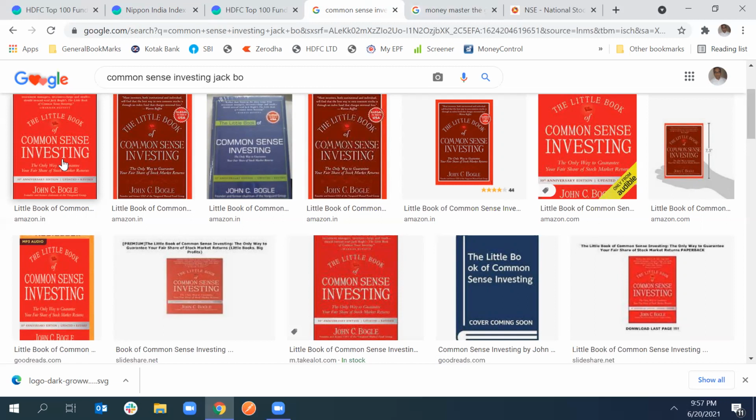The Common Sense Investing is a great book, and I would really recommend you go through this book and understand it well. It is a fantastic book on how one should think about investment, what common stock investment is, what a mutual fund is, what regular funds are, and what index funds are. This guy is a pioneer of index fund investment; the paradigm started with him. So this book is wonderful, and you can go with it.